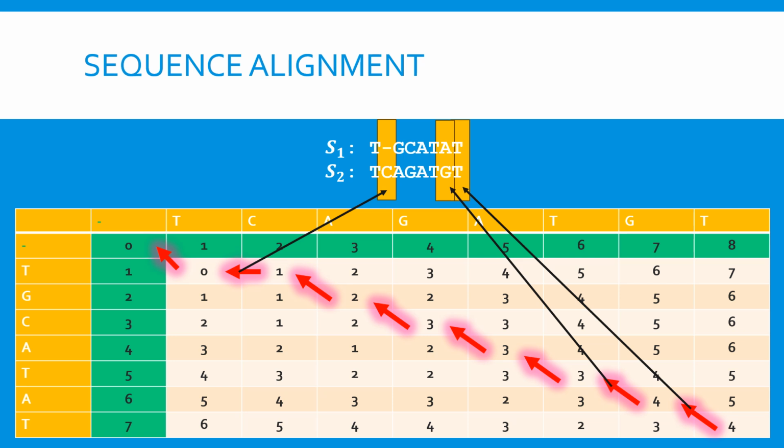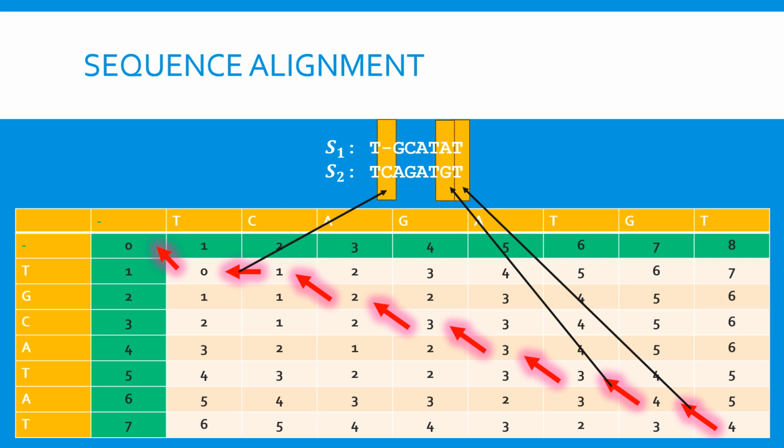With the set of optimal edit operations, we can now reconstruct the alignment. Since the traceback is performed backwards, the first edit operation we encounter is the arrow from E[7][8] to E[6][7], indicating that one letter from each sequence is consumed. As a result, we align T and T, the last letters of both sequences.